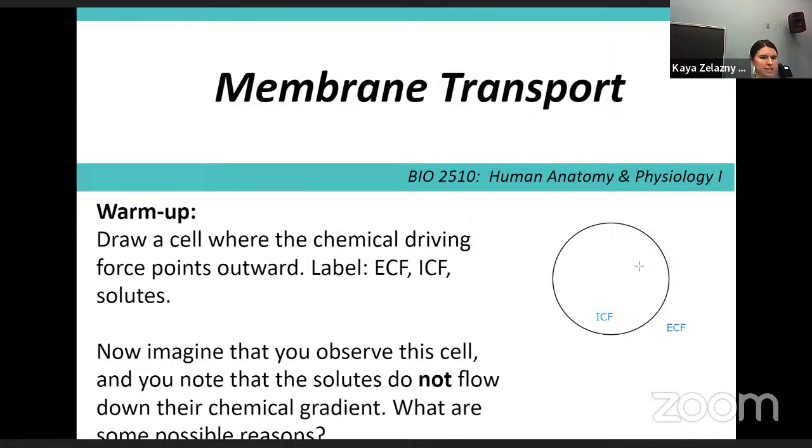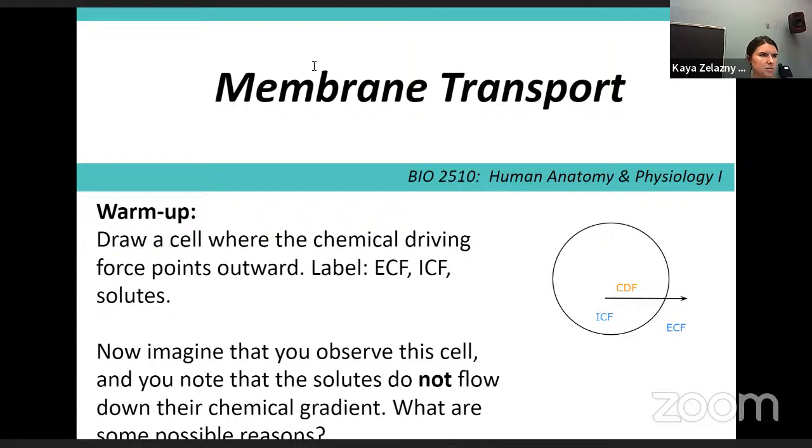And we're going to be thinking about this chemical driving force pointing out. So we're going to be pointing from the ICF to the ECF. I'll go ahead and label that as well. So that's our chemical driving force. And then we want to put on our solutes to make sure we understand where that chemical driving force is from.